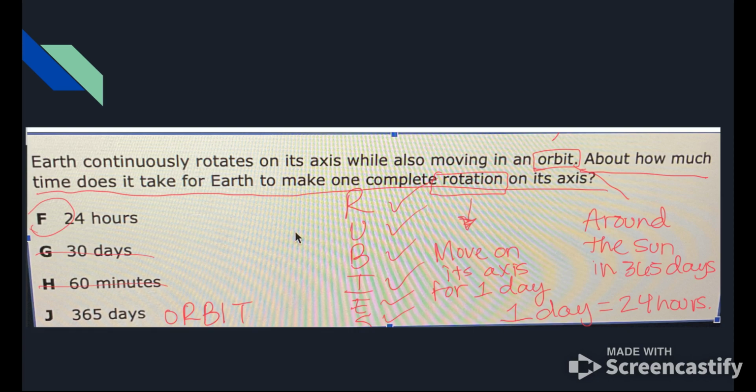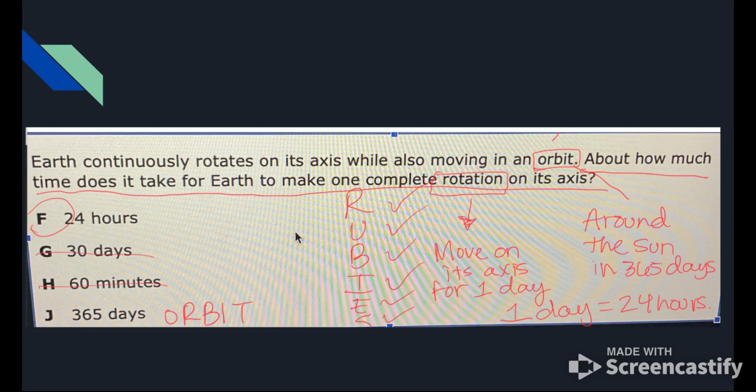So first, we want to make sure that we are using all the different steps of RUBRIES. We're going to read and do the first step of RUBRIES, which is: Earth continuously rotates on its axis while also moving on an orbit. About how much time does it take for Earth to make one complete rotation on its axis?